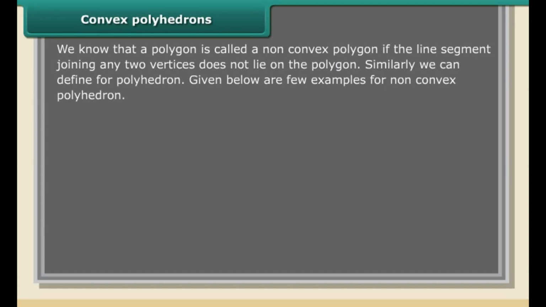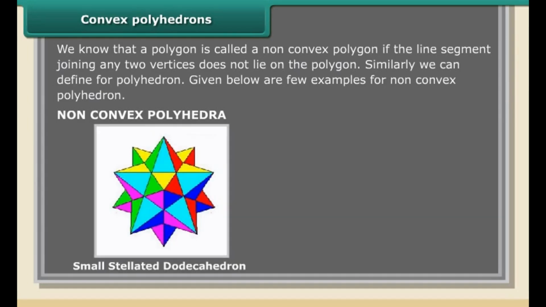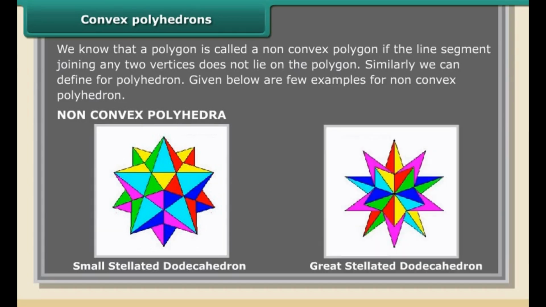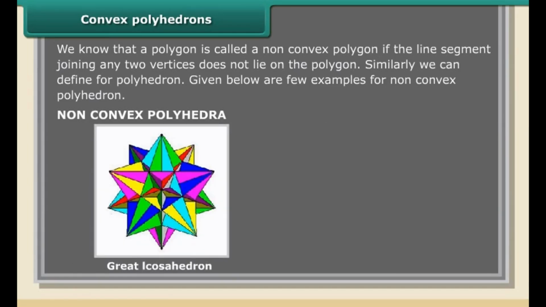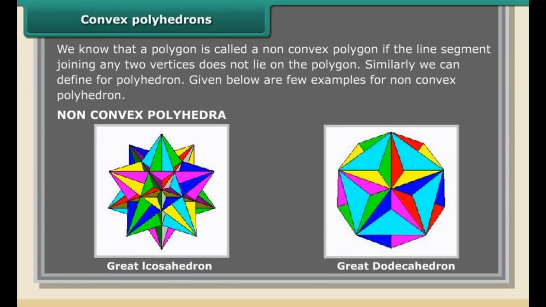Given below are few examples for non-convex polyhedron. Non-convex polyhedra: small stellated dodecahedron, great stellated dodecahedron, great icosahedron, great dodecahedron.